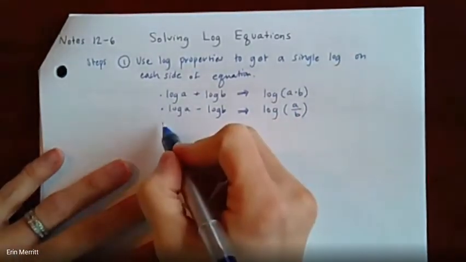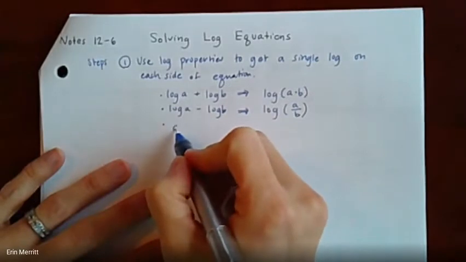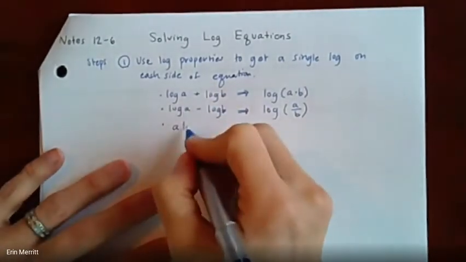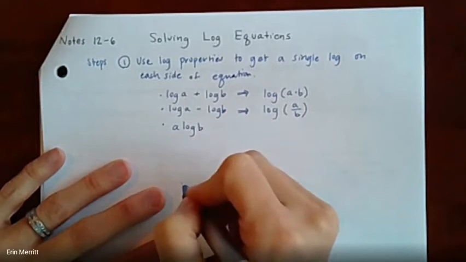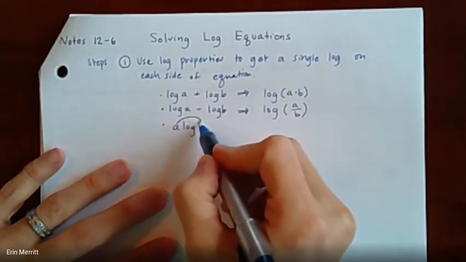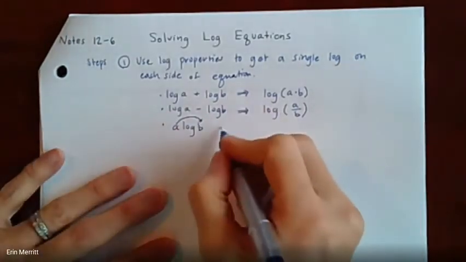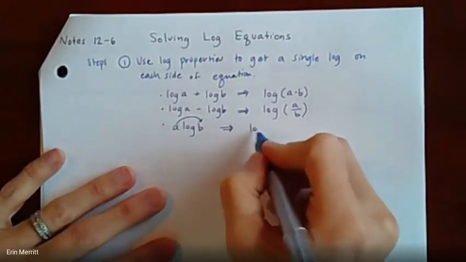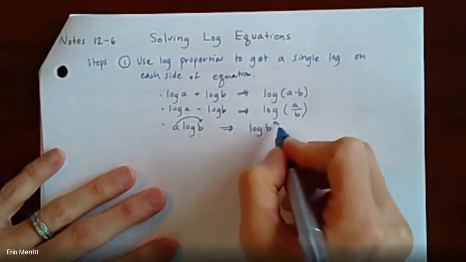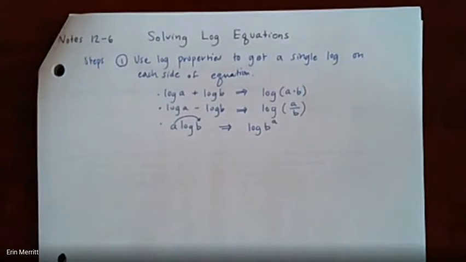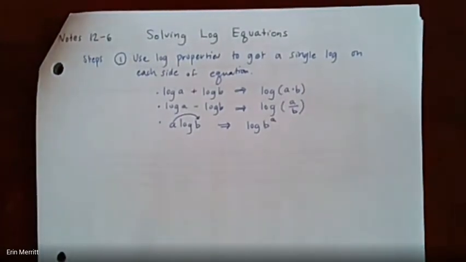And the last thing, if we have a number in front of a log, like A times the log of B, we're allowed to take that coefficient and make it the exponent. So that's the same as the log of B raised to the A power. That's a quick review of those three properties that we're going to use throughout the notes for today.